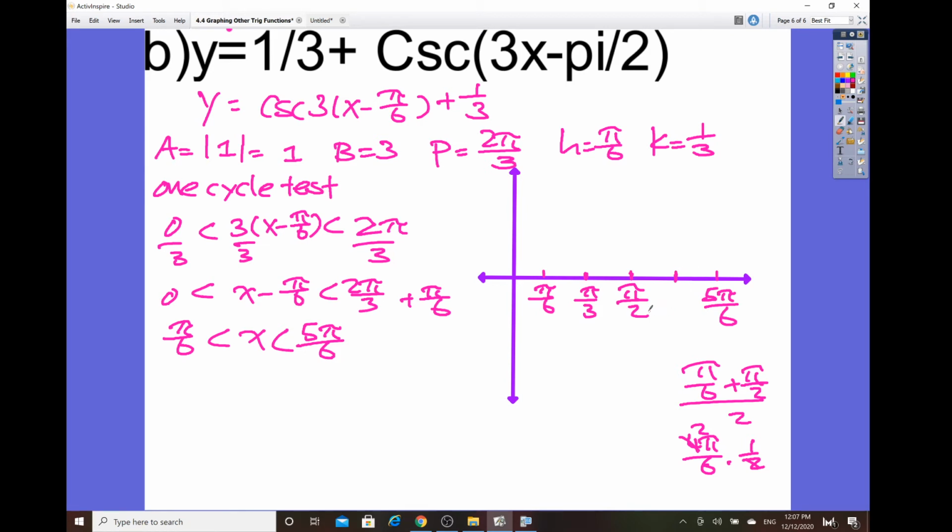And then right over here, pi over 2 and 5 pi over 6, so this one's 3 pi over 6 plus 5 pi over 6, 8 pi over 6 divided by 2 times 1/2. So 4 pi over 6, which is 2 pi over 3.